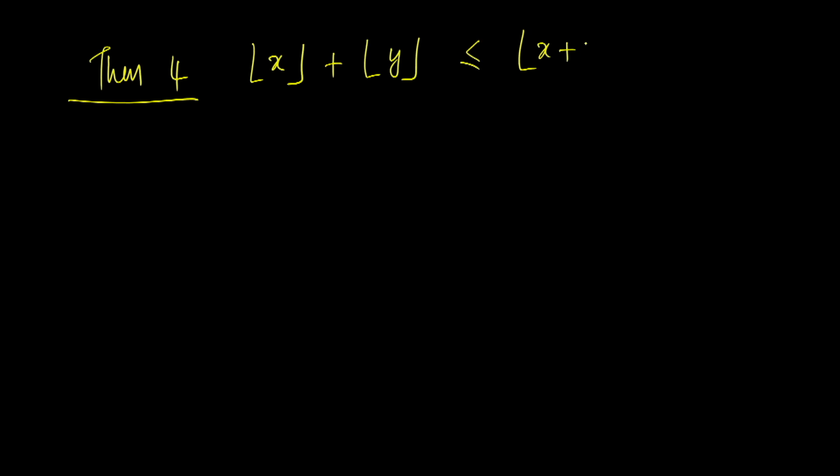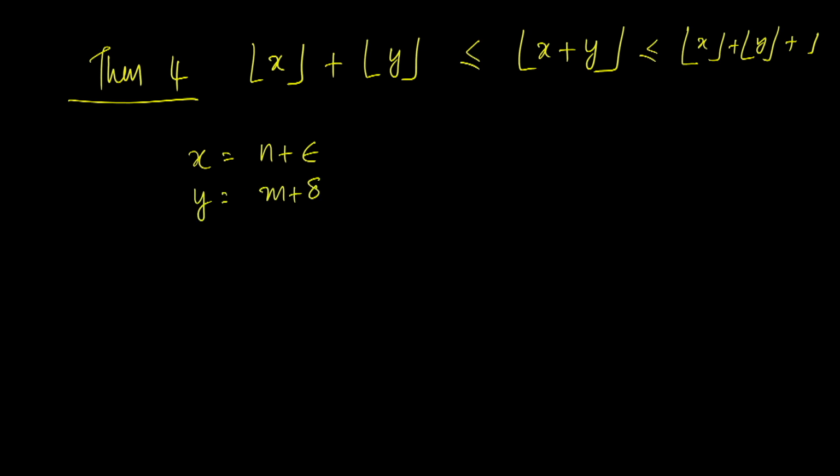The next theorem says that floor of x plus floor of y is less than or equal to floor of x plus y, which is less than or equal to floor of x plus floor of y plus 1. Let us say x is n plus epsilon and y is m plus delta, where epsilon and delta are both at least 0 and less than 1.